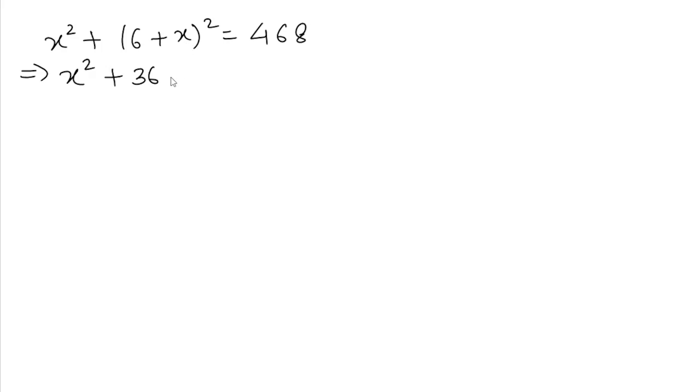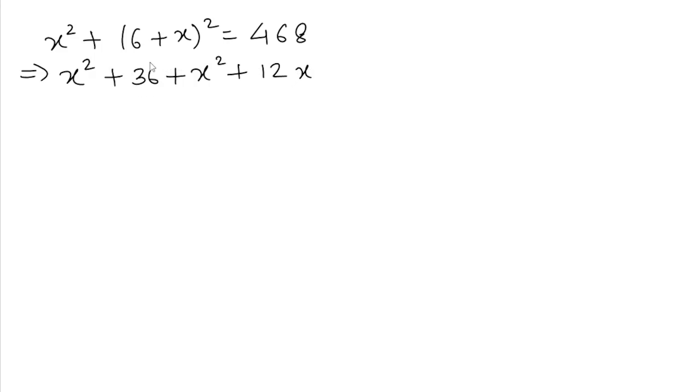So we have x square plus 6 plus x whole square is equal to 468. We are going to open this bracket using the a plus b whole square identity. So we will have x square plus, now this will become 36, this will become x square, and then we have the 2ab term, 12x.